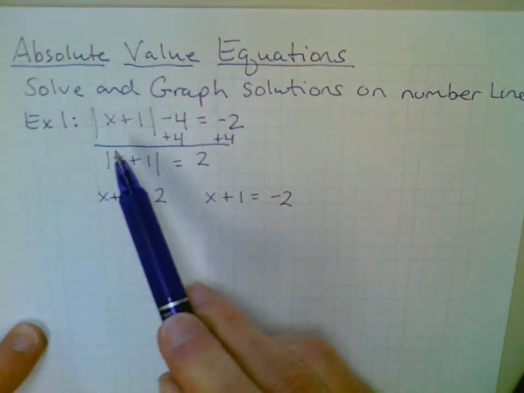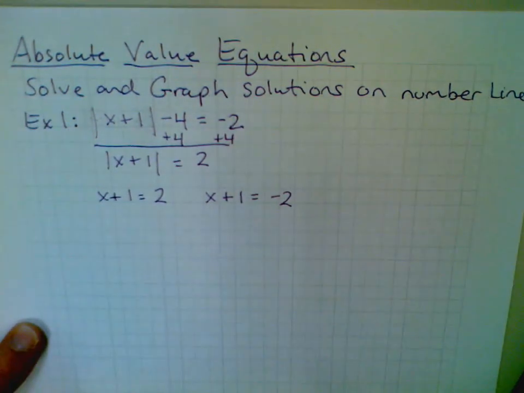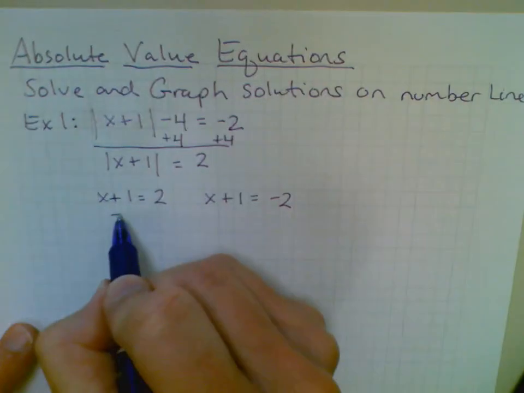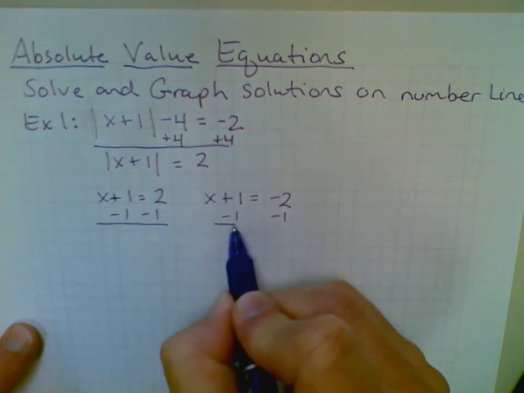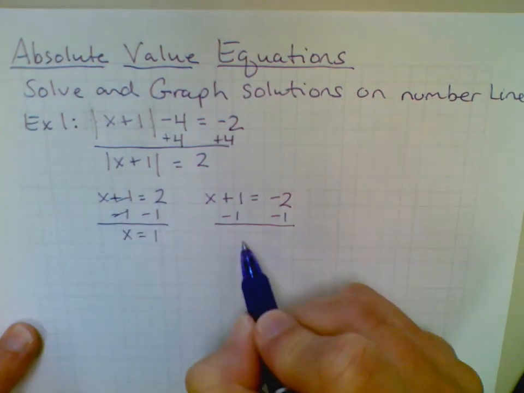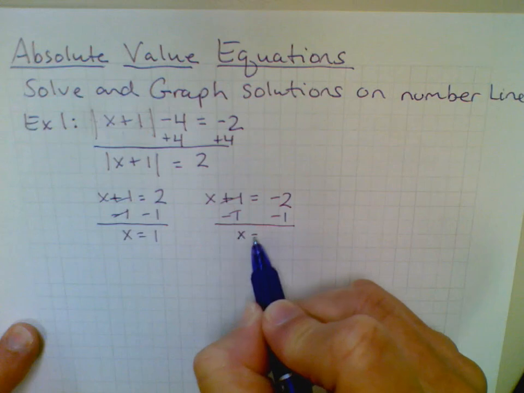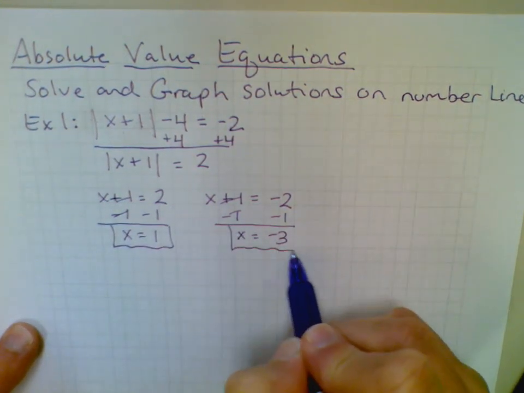Because I know if I had a negative 2 inside the bars, the absolute value of negative 2 is also 2. So then I solve each of these, just subtract 1 from both sides all the way across. You get x equals 1 and x equals negative 3. So those are our two solutions.